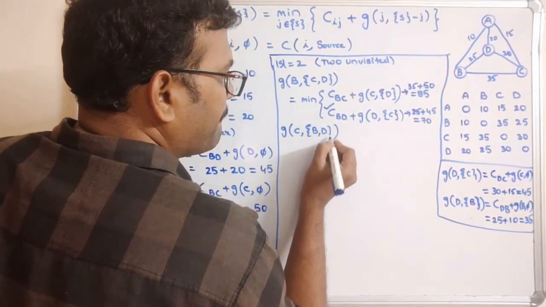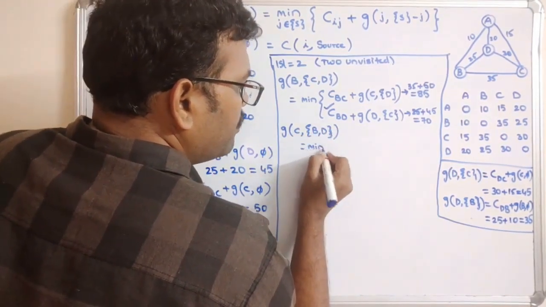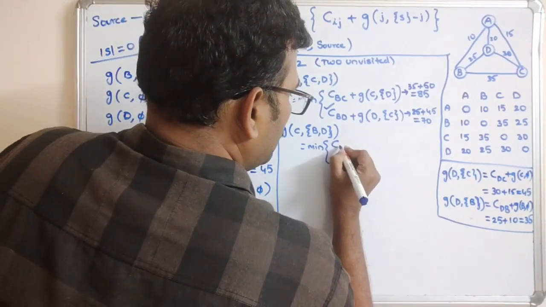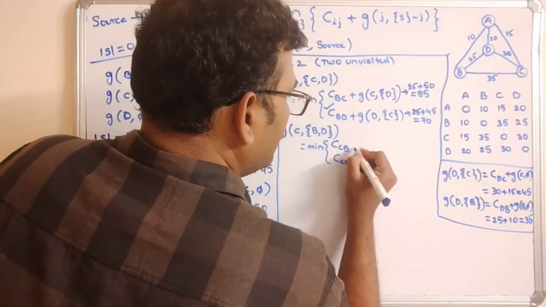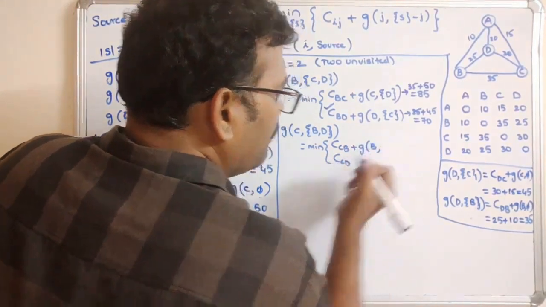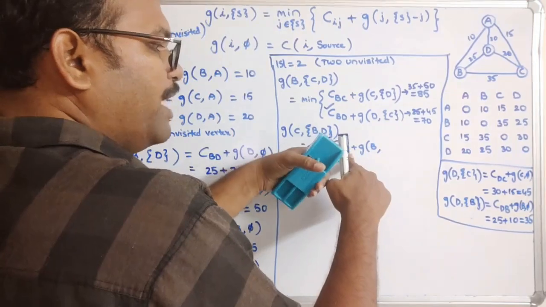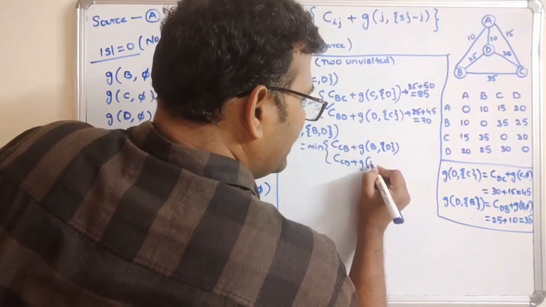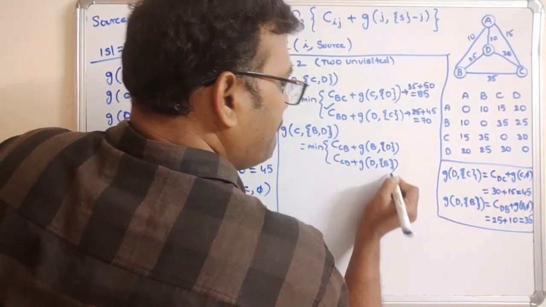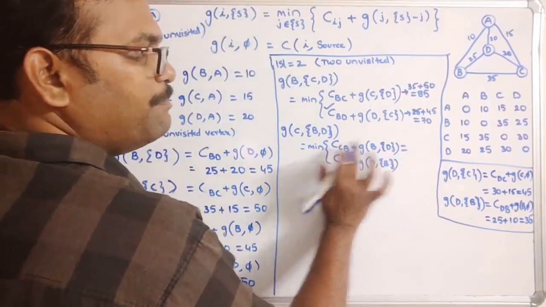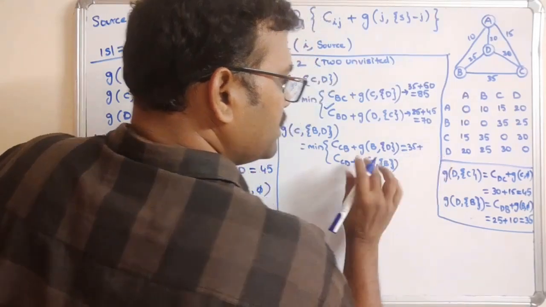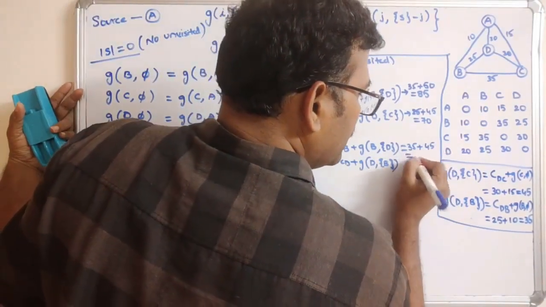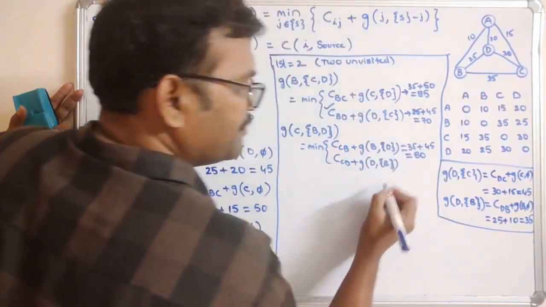B and D. So minimum of CB plus G of B comma, from the set we have to minus B, so obviously it will be D, and CD plus G of D comma B. Cost of CB is 35 plus G of B comma D, which is 45, so it's 80.